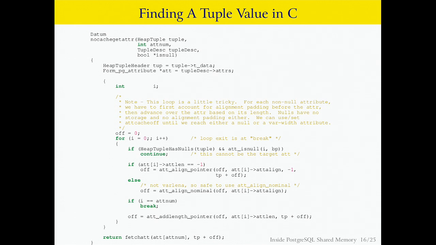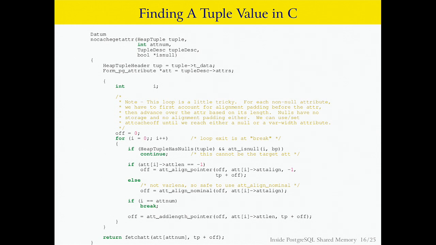So here's a loop called nocache getattr, and effectively what it's doing is, if you're looking for a particular field number, you loop through starting at 0, and you hop through depending on whether it's a null, whether it's variable length, or whether it's fixed length. So if it's integer, integer, integer, you're jumping 4 bytes at a time, okay?